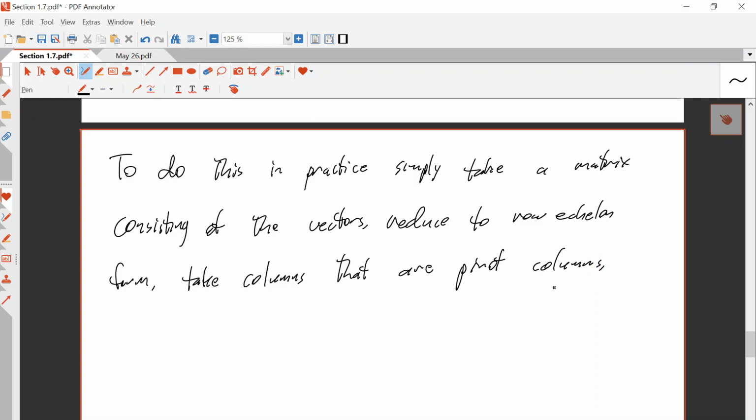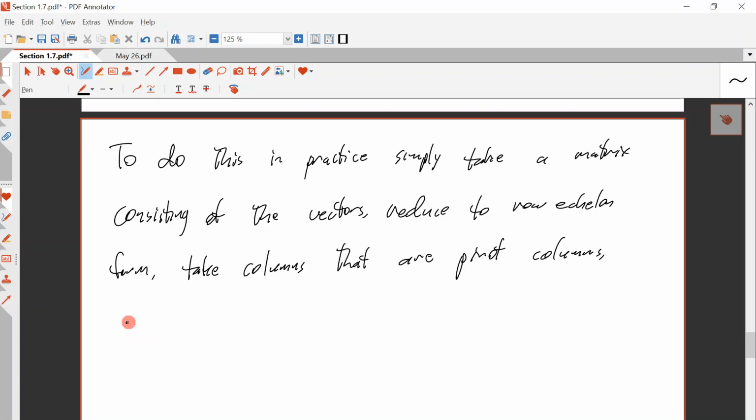The columns that aren't pivot columns are the ones responsible for making those free variables. So if we chuck those out, then we're good to go. What's left over, every column is a pivot column, so it's a linearly independent subset.